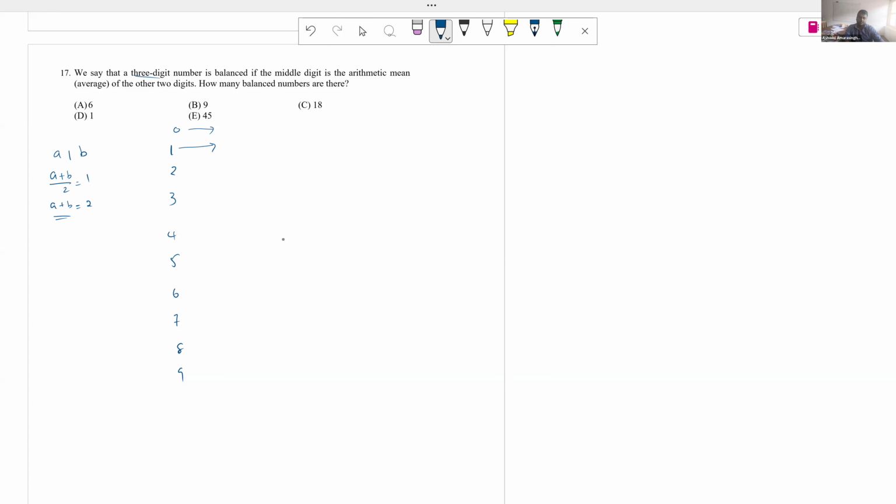What are the possible choices for the other numbers? Well, you can have 1, 3, 5. So 1 plus 3 over 2, that would be 2.